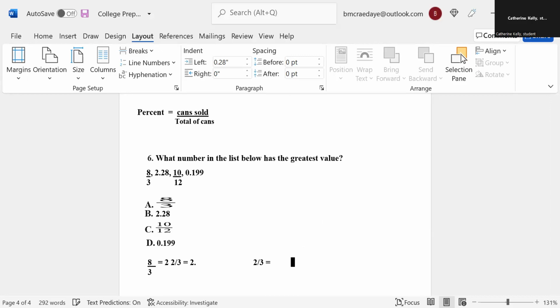Okay, 2 divided by 3. So the 3 is outside and the 2 is here, right?